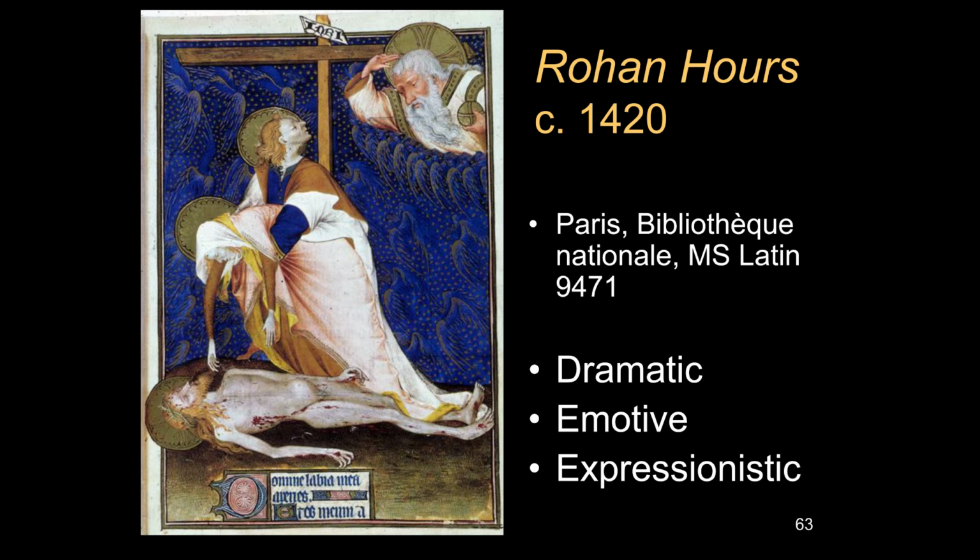Once again, that's not for our class, that's for the medieval class. But here, we just call it the Rohan Hours. You don't have to know the numbers. But it distinguishes them from any other mix-up with another manuscript.